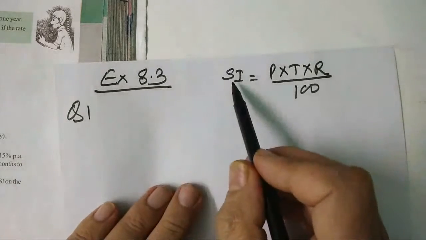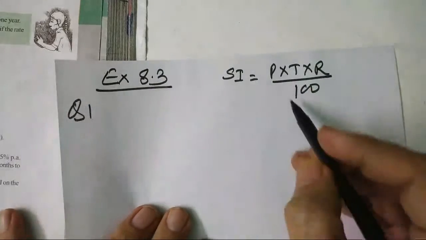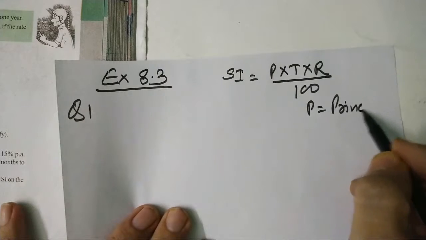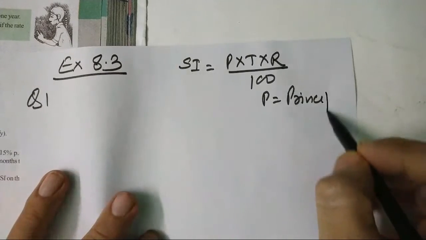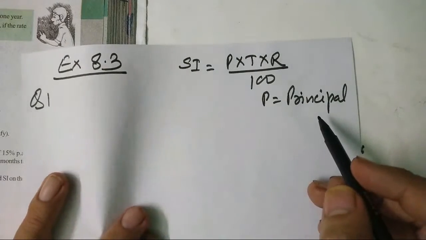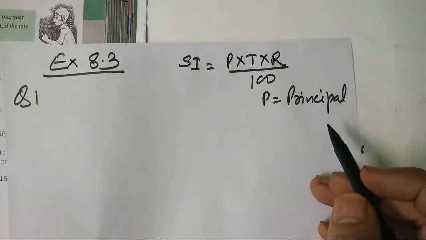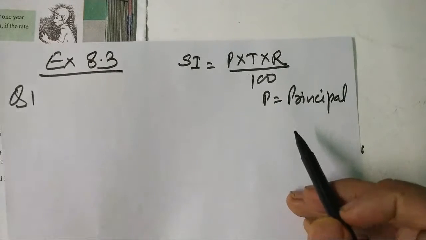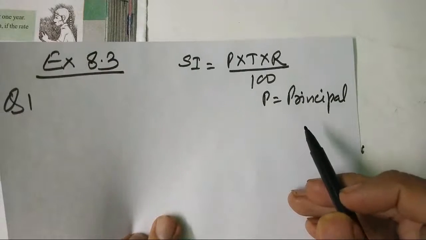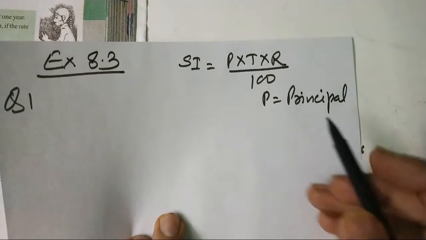Now let's understand this formula itself. P is called the principal. Now what is the meaning of this principal? It is the total money which you have borrowed or given to someone. When you borrow some money from the bank or keep money in the bank, then the money which you deposit or borrow is called the principal amount.